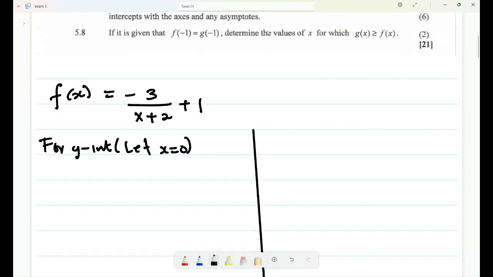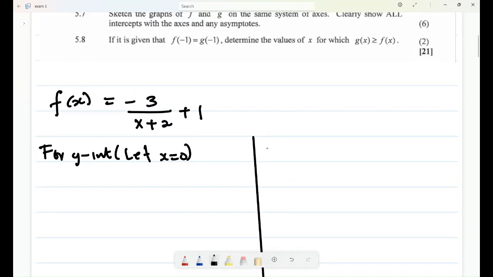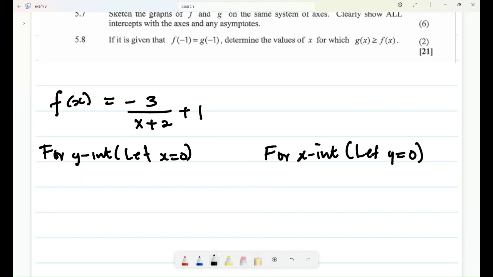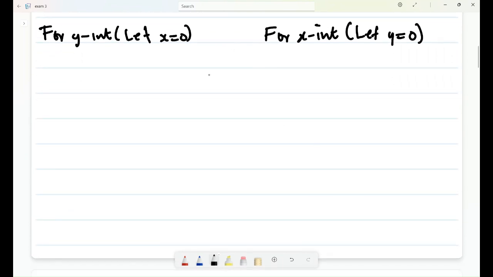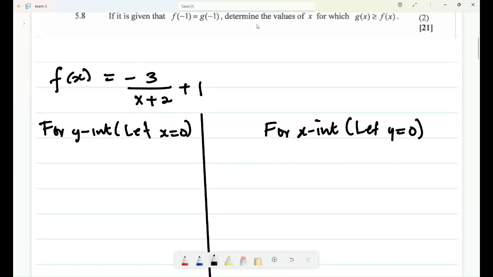Therefore, for the x intercept, I let y equal to 0. All right, I know this part is normally an easy calculation, hence I'm doing that.